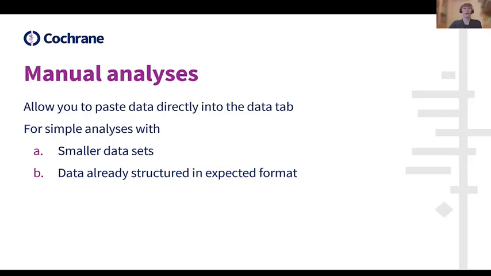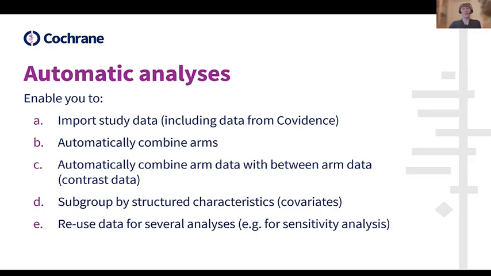The next type is automatic analysis. Because in most cases, meta-analyses are more complicated and require, for example, combining arms, combining data on arms with between arm data, subgrouping by specific characteristics, or you have larger data sets, or you're looking to do sensitivity analysis and reuse data between analysis for several analyses.